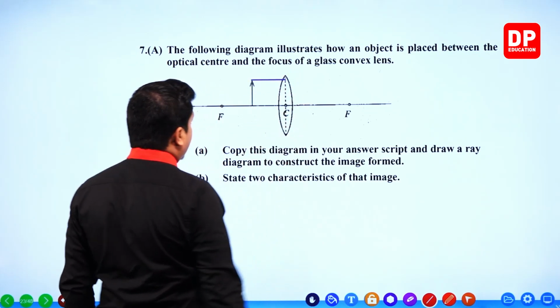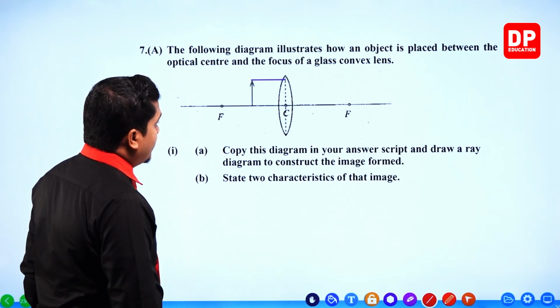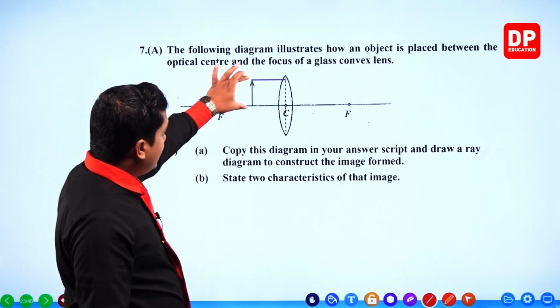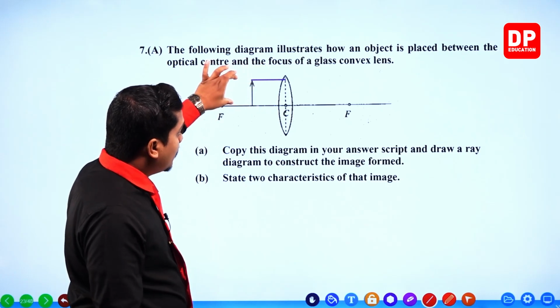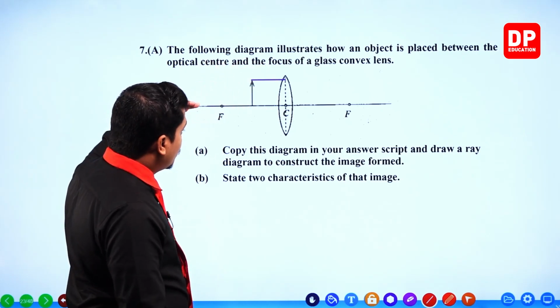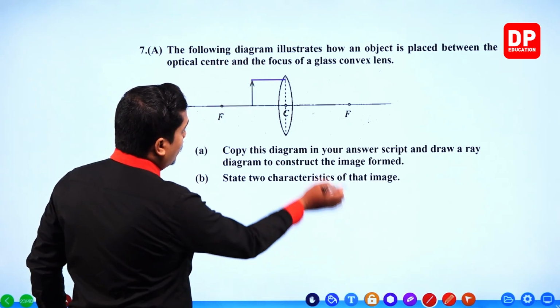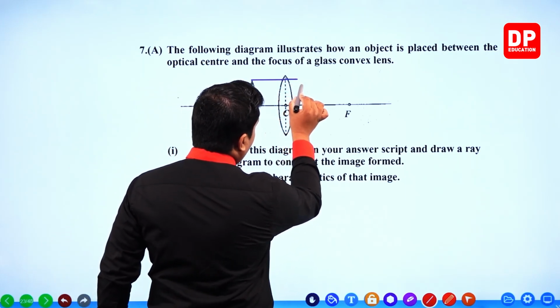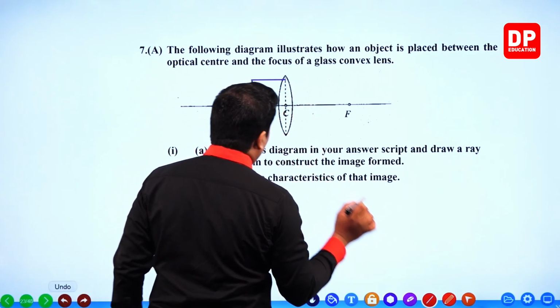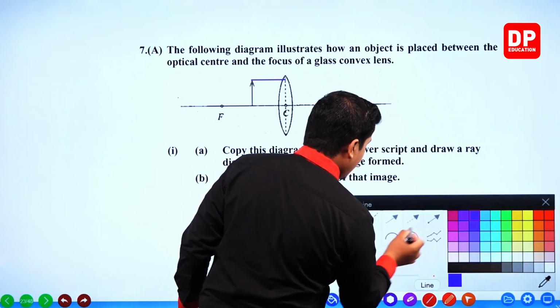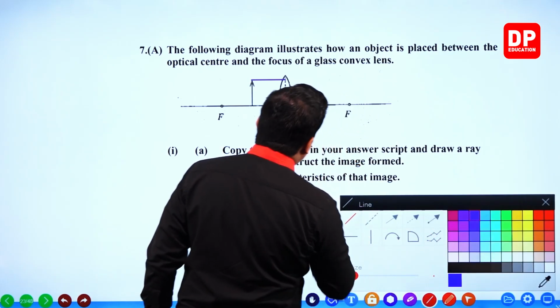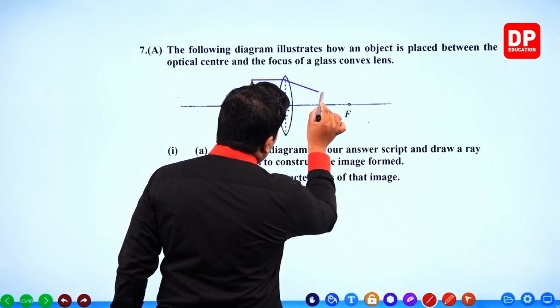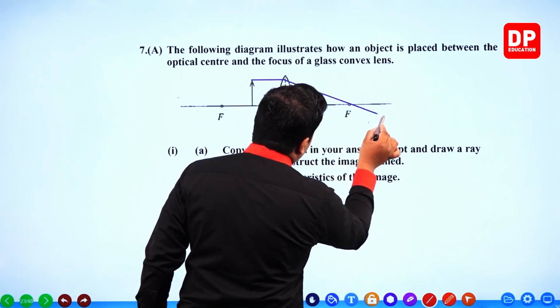First line like this. Okay, then the parallel light ray to the principal axis will always go through the focal point like this.